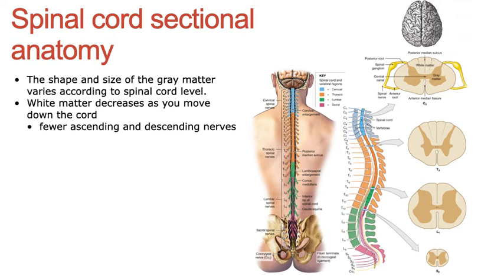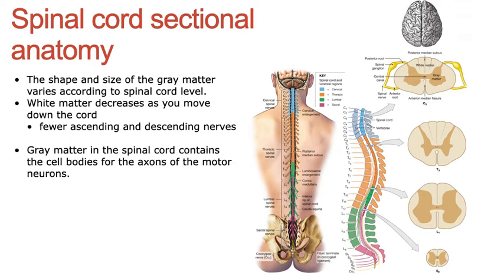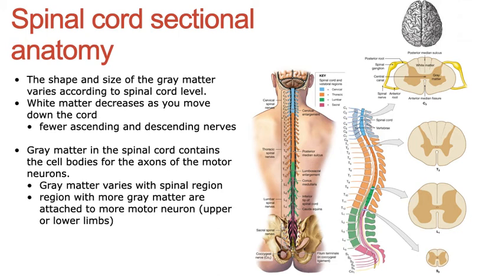Now, let's move on to gray matter. So recall that gray matter in the spinal cord contains the cell bodies, among other things, for motor nerves. So you can see different amounts of gray area in sections from different spinal regions. One of the areas with a large amount of gray matter would be the lumbar area.